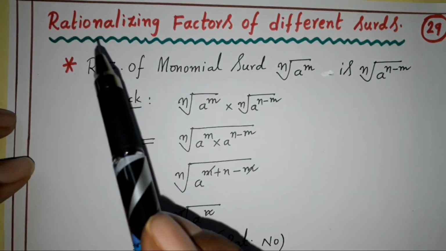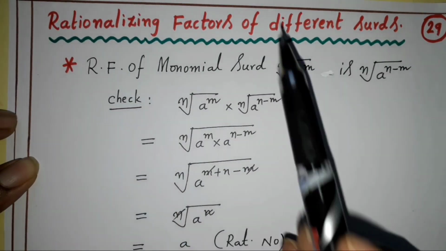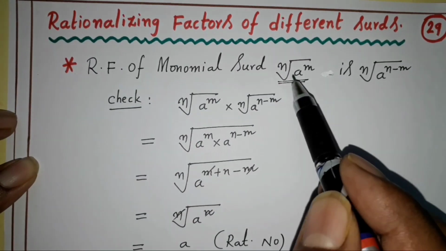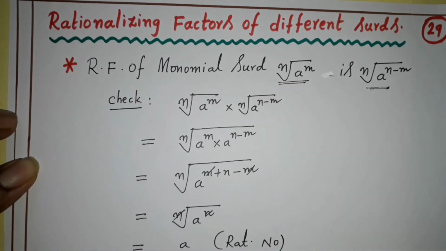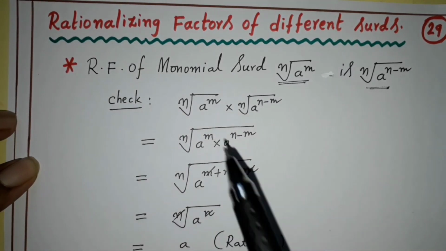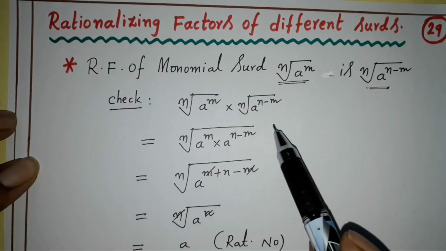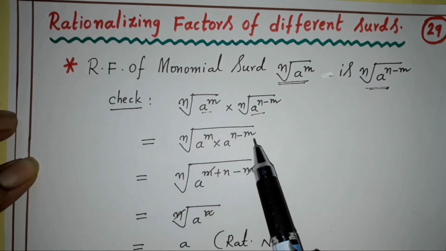Now we see rationalizing factors of different surds. The rationalizing factor of a monomial surd nth root a power m is nth root a power n minus m, because if you multiply these two, you will get a rational number, nothing but without roots. Roots will be eliminated. As their order is the same, you can take nth root of the product of the radicands, a power m into a power n minus m.